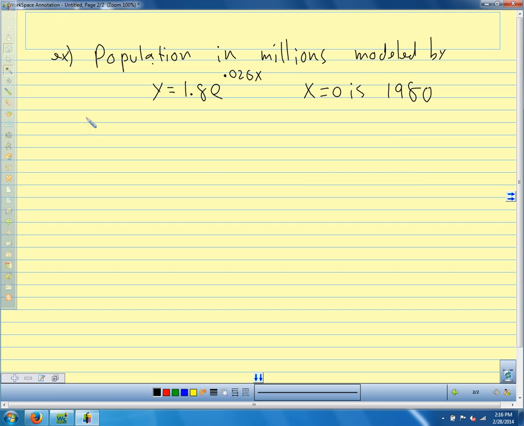In what year will the population be above 2.5 million?